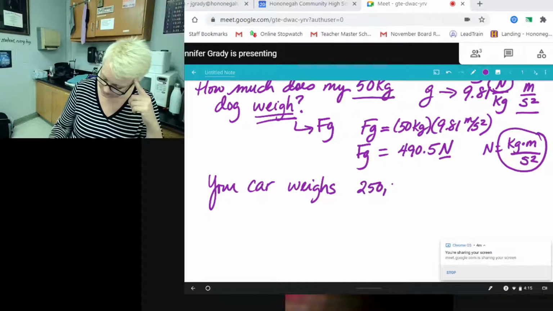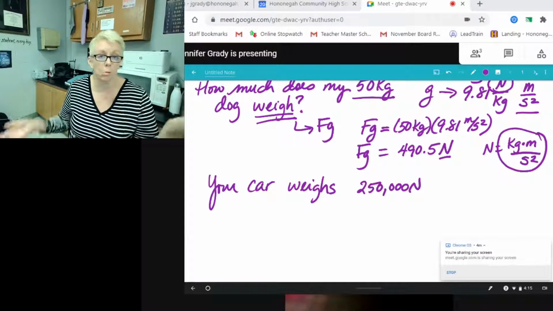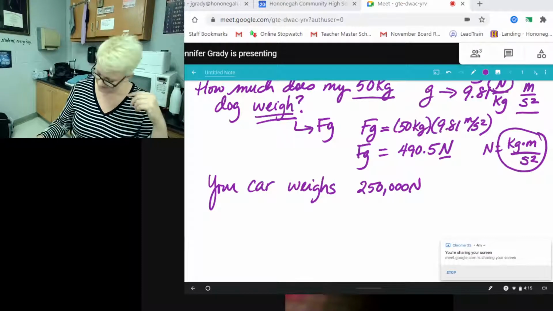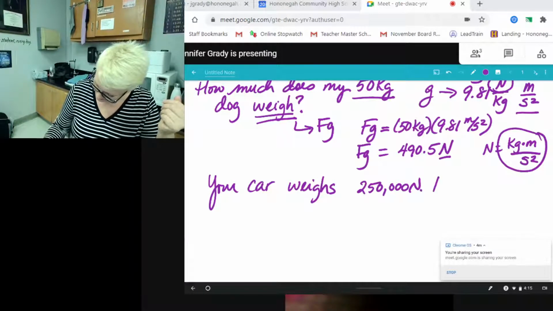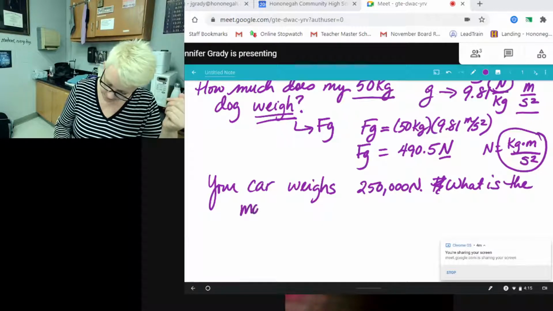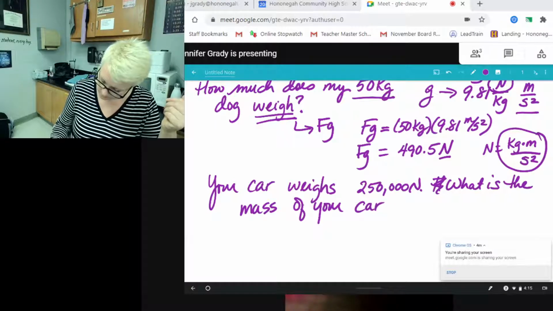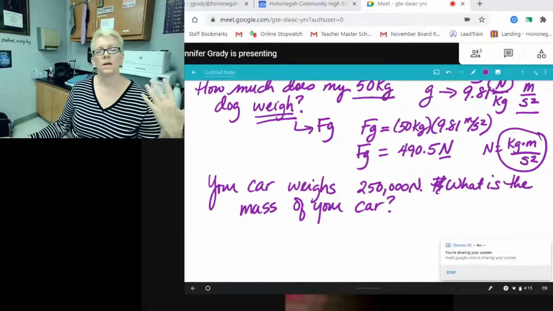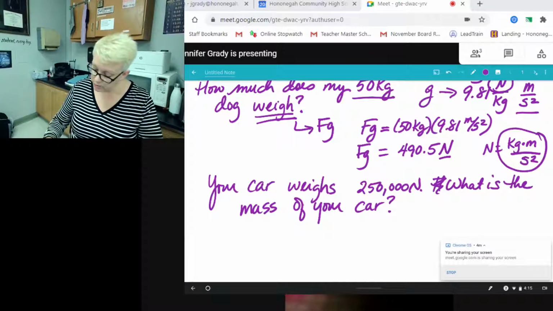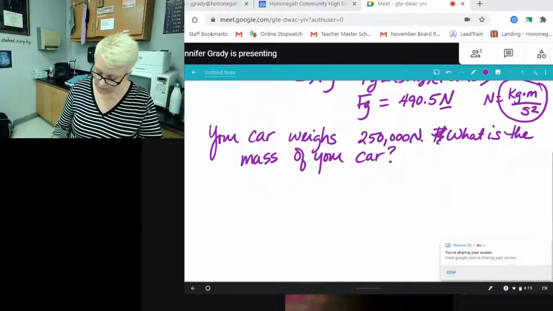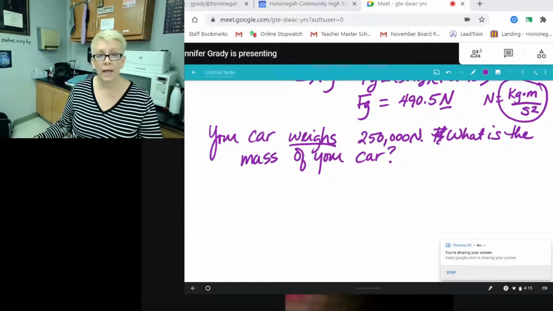Let's look for some visual clues here. First of all, they give you the term weighs.